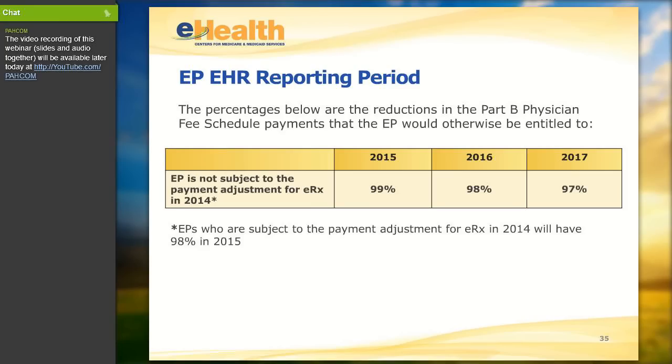It is tied to a specific year. So if you were a meaningful user and avoided the payment adjustment in 2015, but the following year you were not a meaningful user, then you would be assessed a 2% penalty in 2016. So it isn't cumulative. It is actually tied to a particular year.